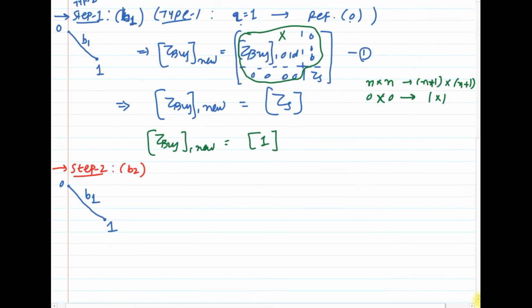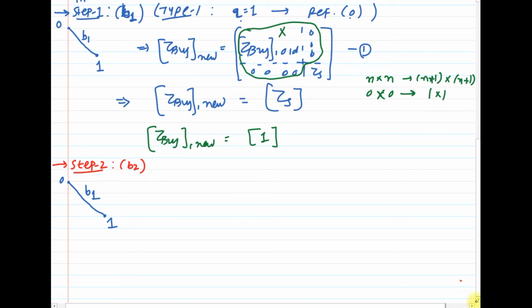So the new bus is added from bus number 2 to the reference bus. Previously this much network was available, and now the new bus 2 is added to the reference bus.